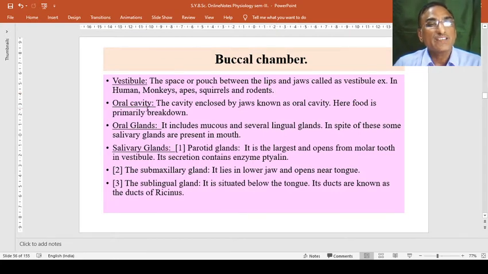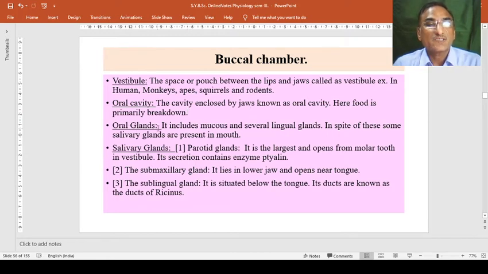Second is the oral cavity, the cavity enclosed by the jaws, known as the oral cavity. It is the cavity in between the two jaws. Here food is primarily broken down with the help of teeth on the jaws.